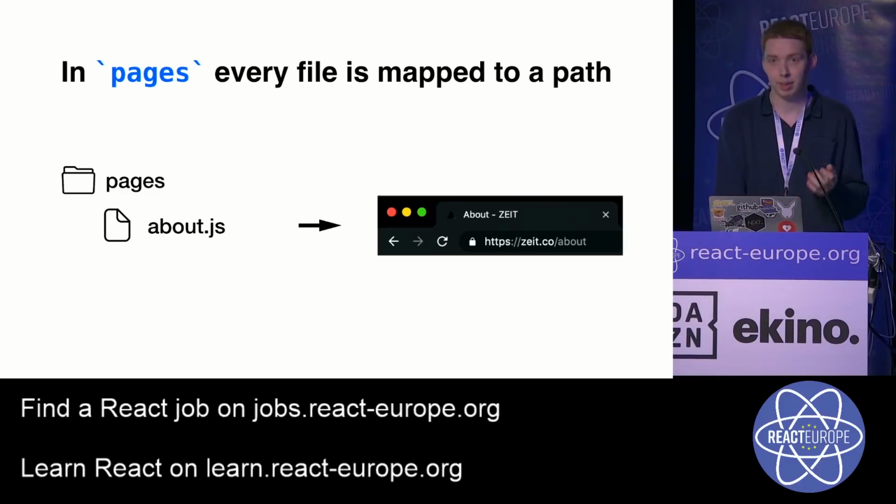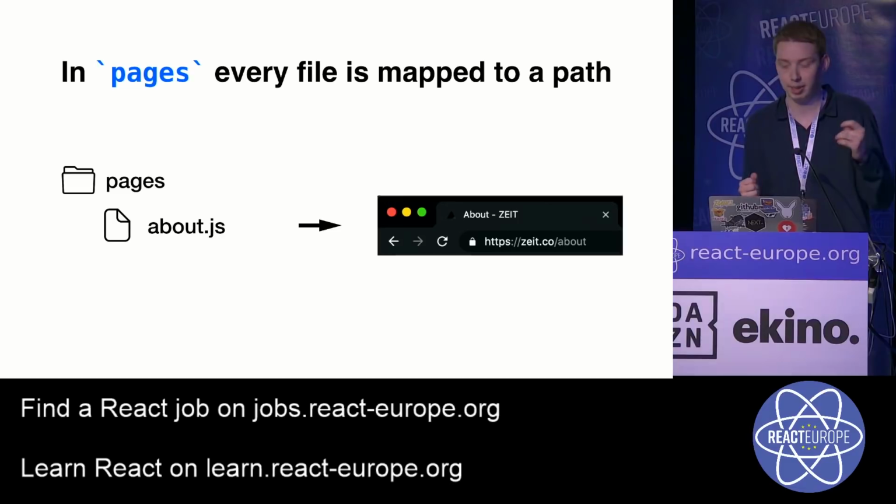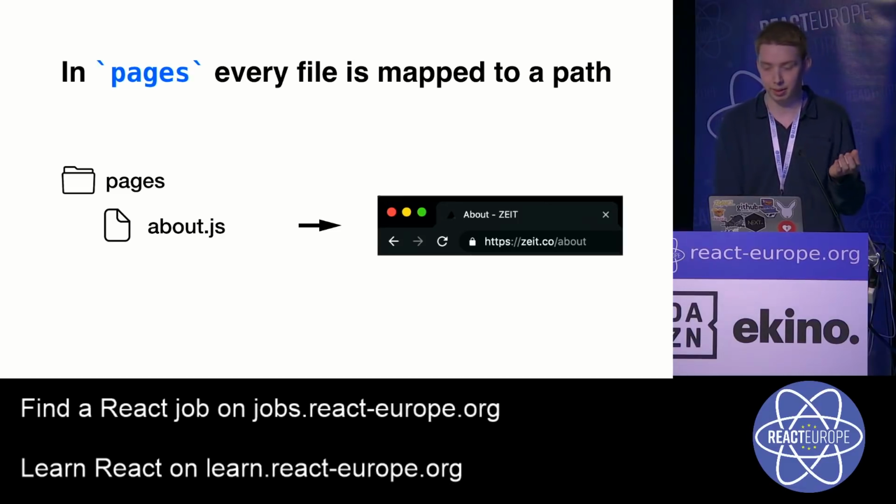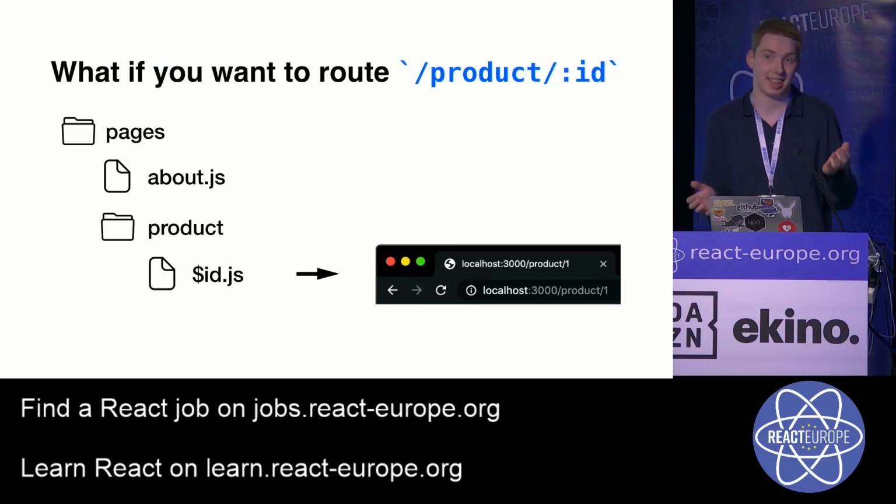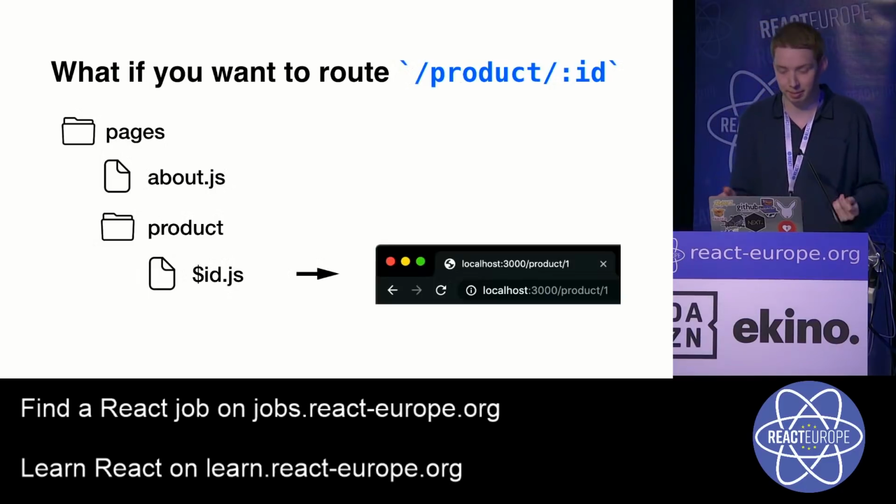But generally, we've seen that many people gave us feedback, and this system is not perfect, right? For example, if you have never used Next.js before, you're probably thinking, oh, how do I do, for example, product/ID? I want some dynamic parameters, right?